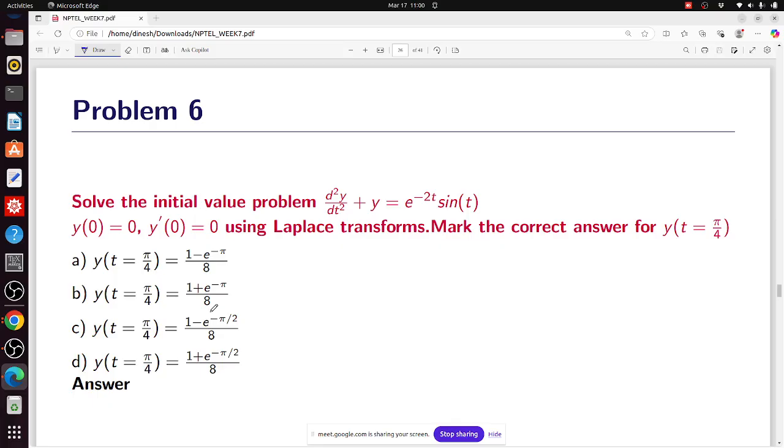We saw one example of how to solve a differential equation in the previous session, so here we will just take the Laplace transform of both sides, then we will see how the Laplace transform of the second order derivative looks, then we will find the inverse Laplace transform. So let's see how we can do it.